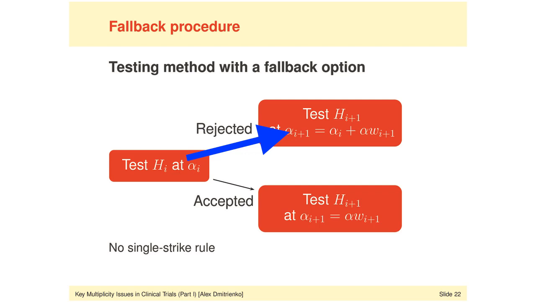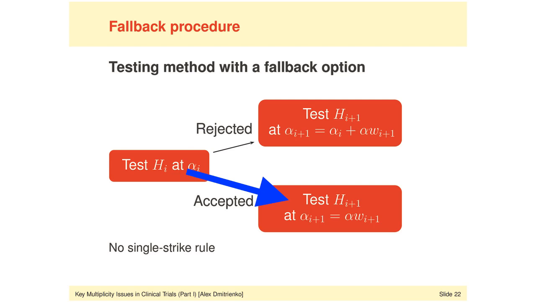This is similar to what we call the investment principle when I introduced the fixed sequence procedure. If a hypothesis is rejected, then its significance level can be applied to the next hypothesis, and in this particular case, the significance level for the next hypothesis, which is Hi plus 1, is the significance level which would have been used by the basic Bonferroni procedure. It's alpha times Wi plus 1 plus the significance level that was transferred from Hi after that hypothesis was rejected.